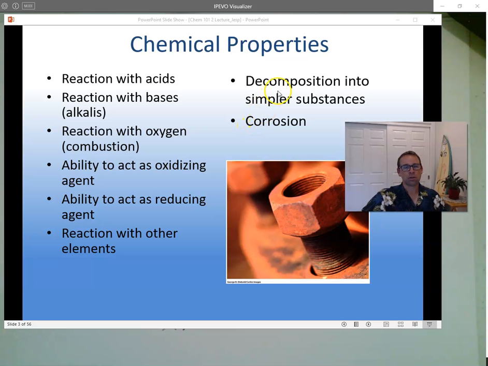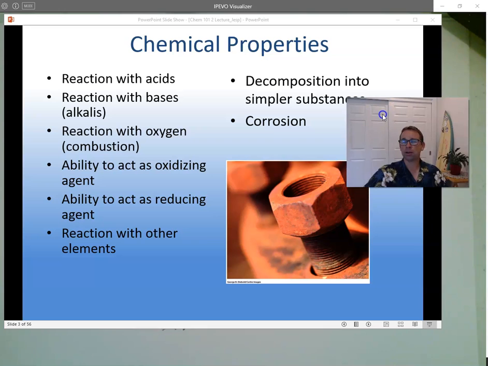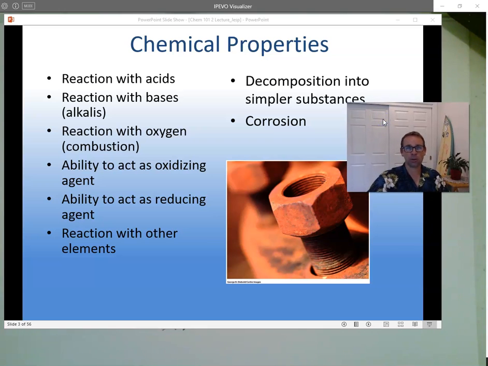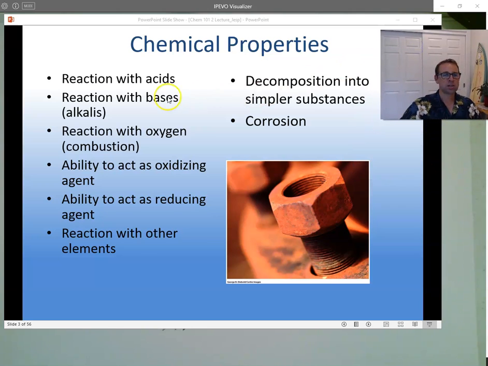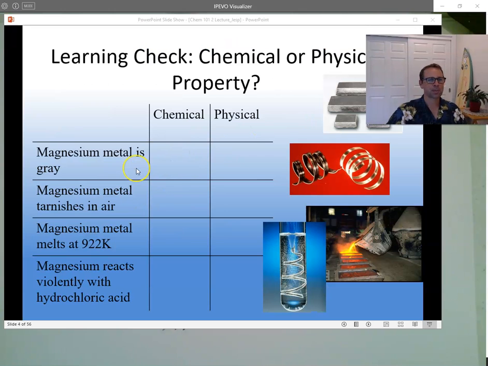We can generally pick out the chemical changes from a list of reactions simply by looking for keywords like reacts, decomposes, corrodes, oxidizes, these types of words. So let's think about this list of changes and see if they are chemical or physical changes.